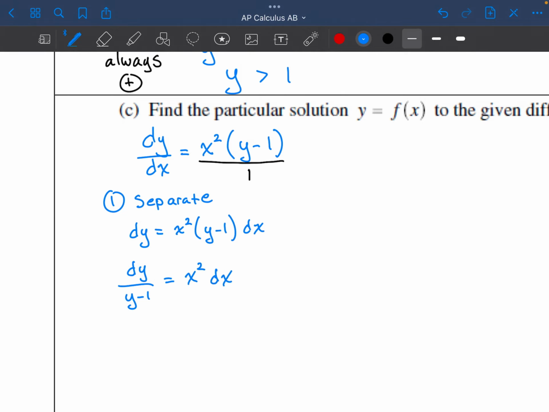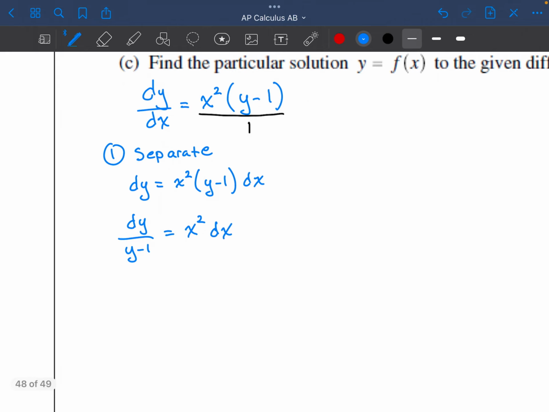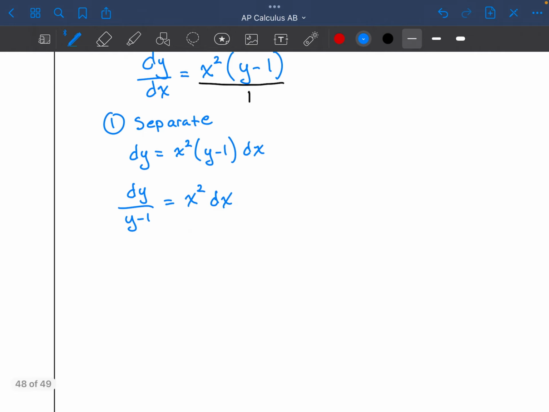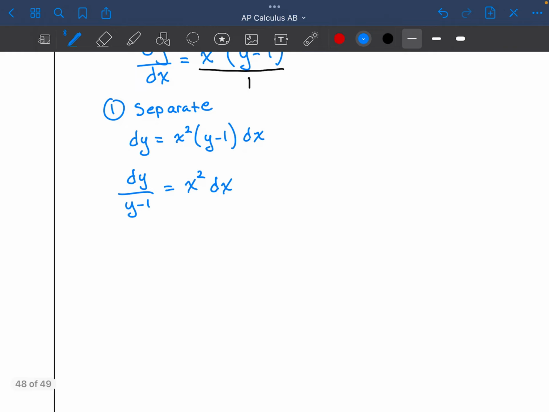All right, my separation of variables is done because on the left side I have y's, on the right side I have x's. It doesn't matter which side is on which, but typically I like my y's on my left and my x's on my right. All right, that was step number 1. We are on to step number 2. Step number 2 is to integrate.